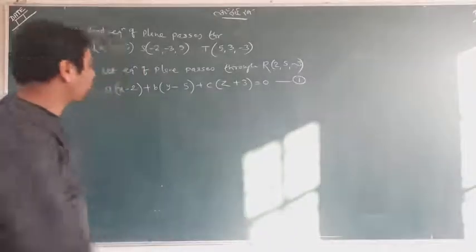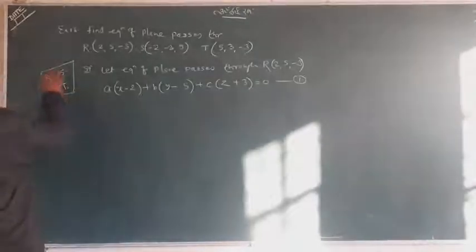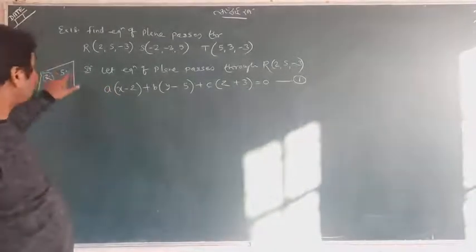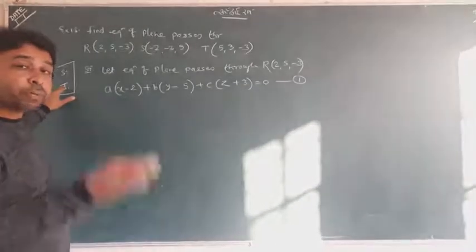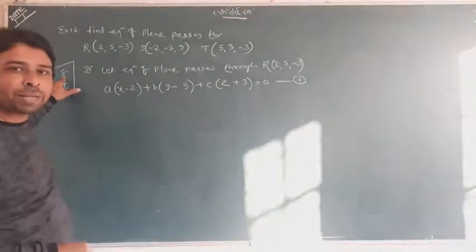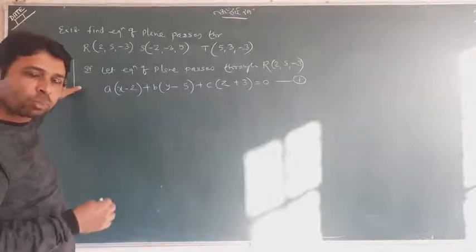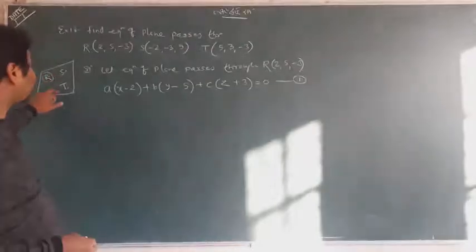Let me explain something. You already have one equation which passes through R. Now, the same plane is passing through S and the same plane is passing through T. So point S is lying on the same plane, because the plane is passing through S as well as T. Both points will satisfy the plane equation because the points are lying on the plane.